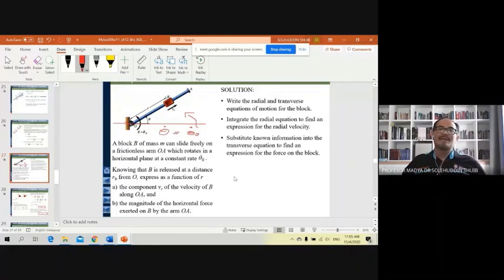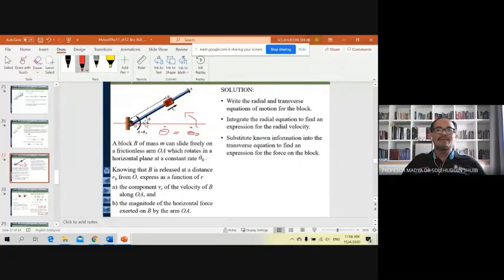When you look at this type of problem and figure, you have radius r, theta, and the rotating, moving object. This is related to the radial and transverse coordinate system, so we can apply this type of equation.